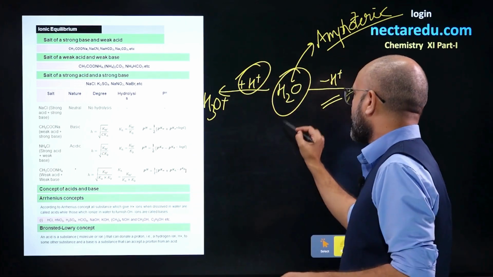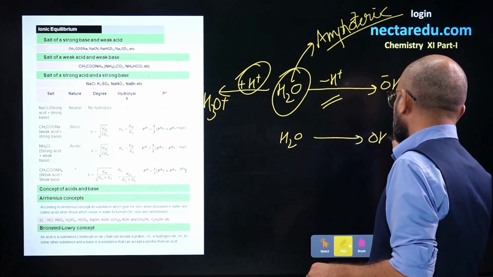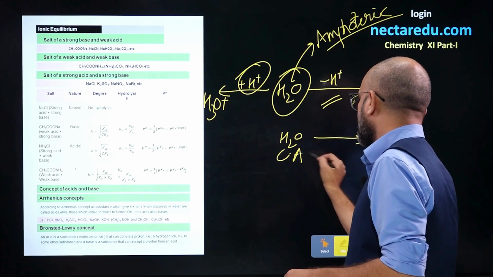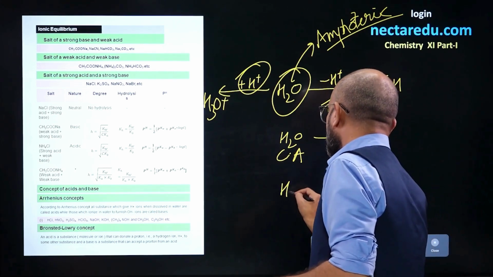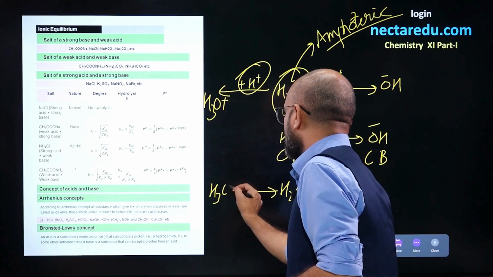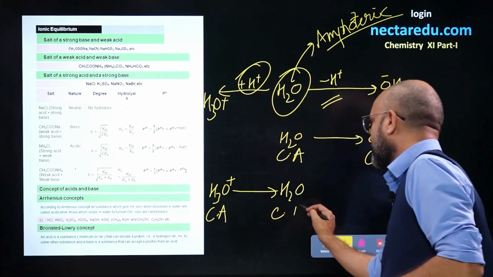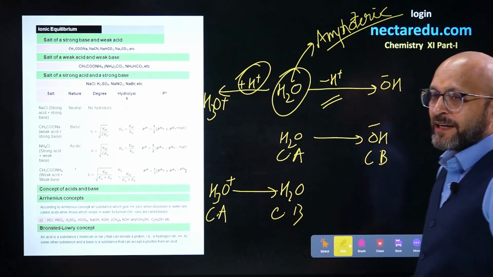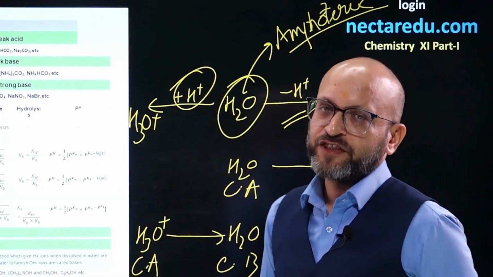So if I consider the pair H2O and OH minus, water is the conjugate acid and OH minus is the conjugate base. If I consider H2O and H3O plus, H3O plus will be the conjugate acid and water will be the conjugate base. Alright. So considering the pair, we can understand which is acid and which is base.